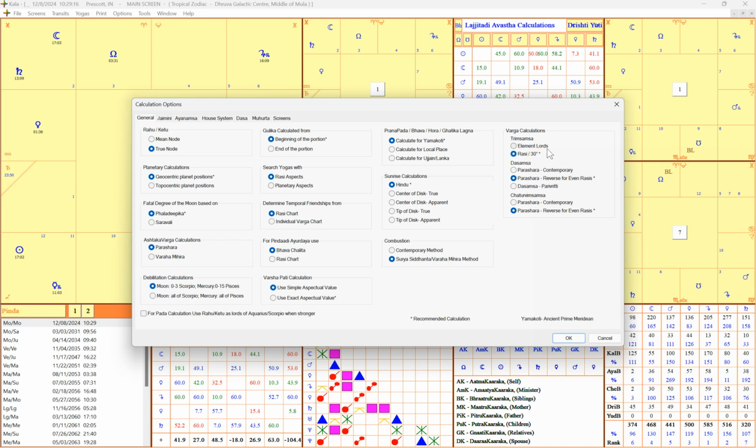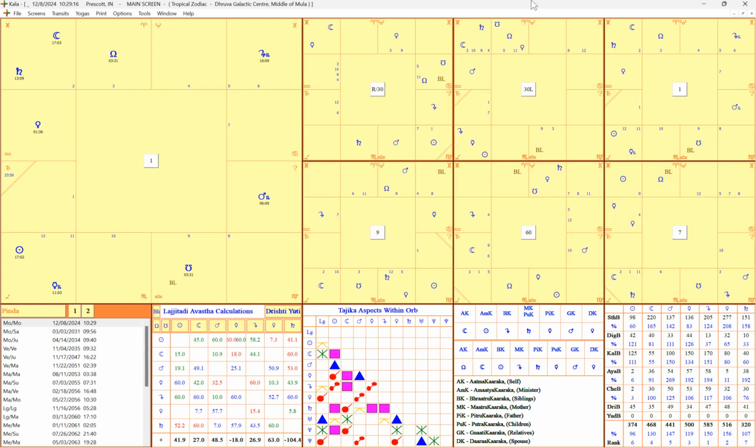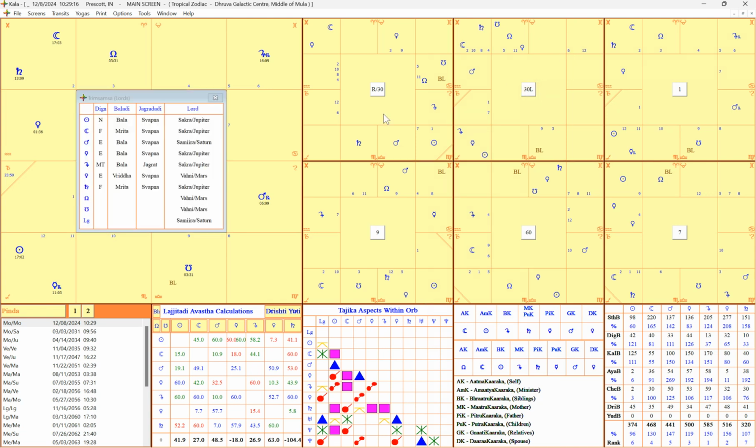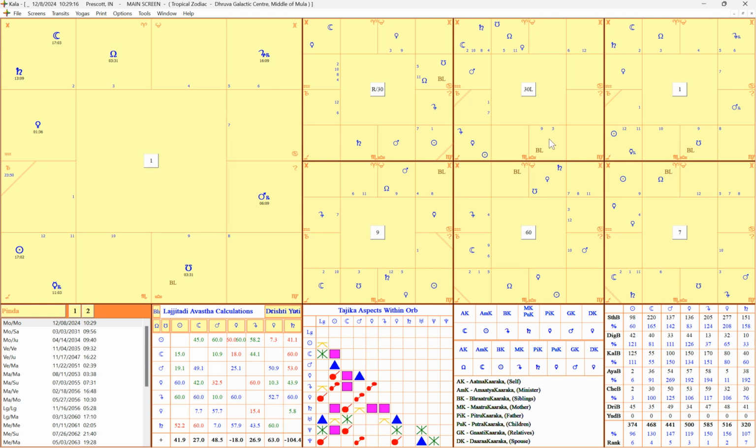Or we can simply say it's in the Trimsamsa of Mercury, Mars, Jupiter, Venus, or Saturn, the 5 elemental planets. But we were never meant to calculate a chart based on the lords. For the lords, we're just meant to see the lord. Jupiter, Jupiter, Saturn, Jupiter, Jupiter, Mars, Jupiter. Okay, that's all we were really meant to do. All right?